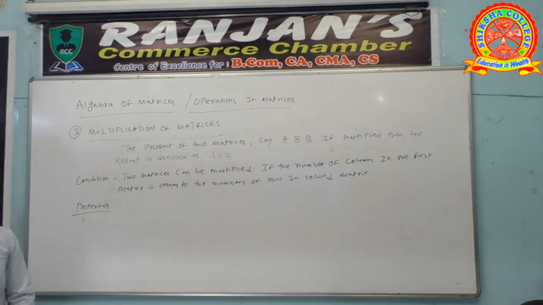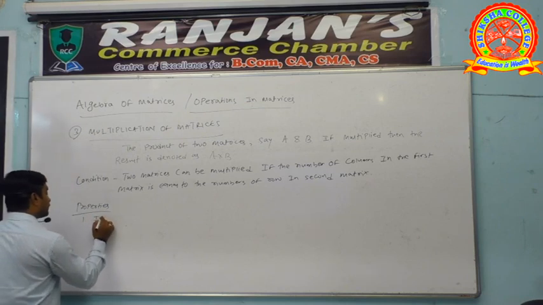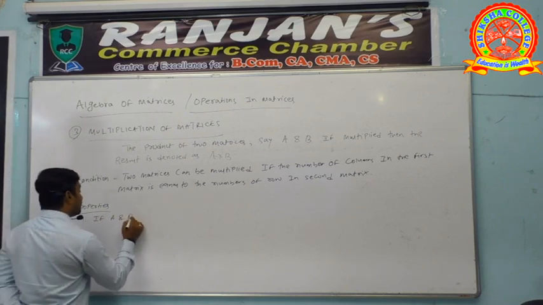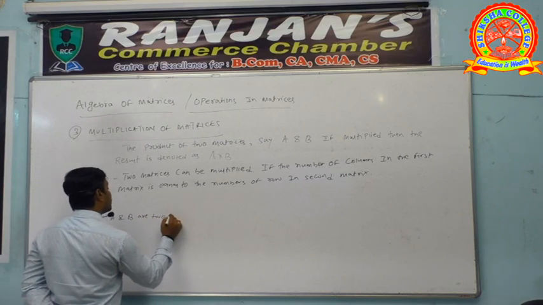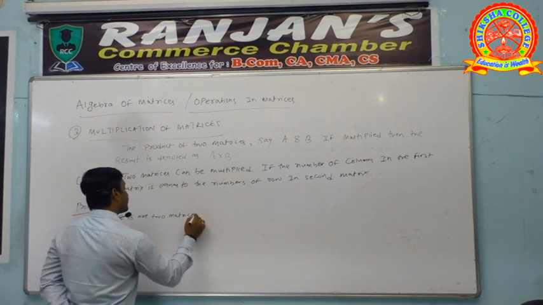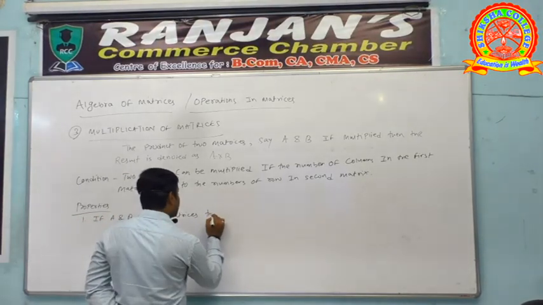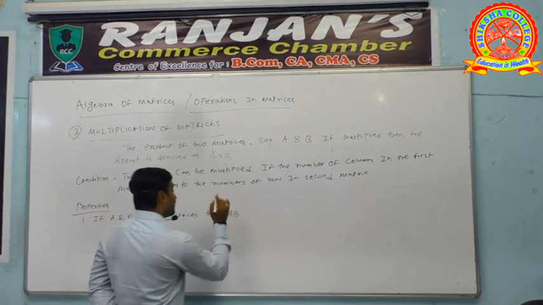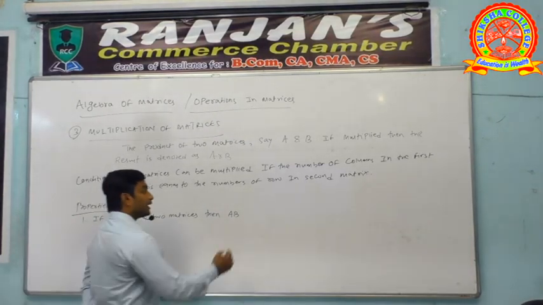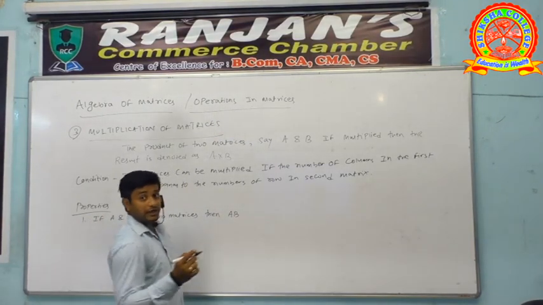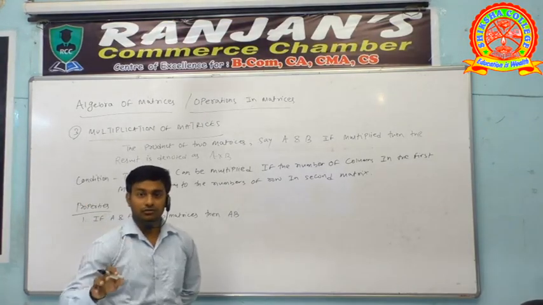The properties, number one: if A and B are two matrices, then A into B may not be equal to B into A. We cannot say it is definitely not equal.